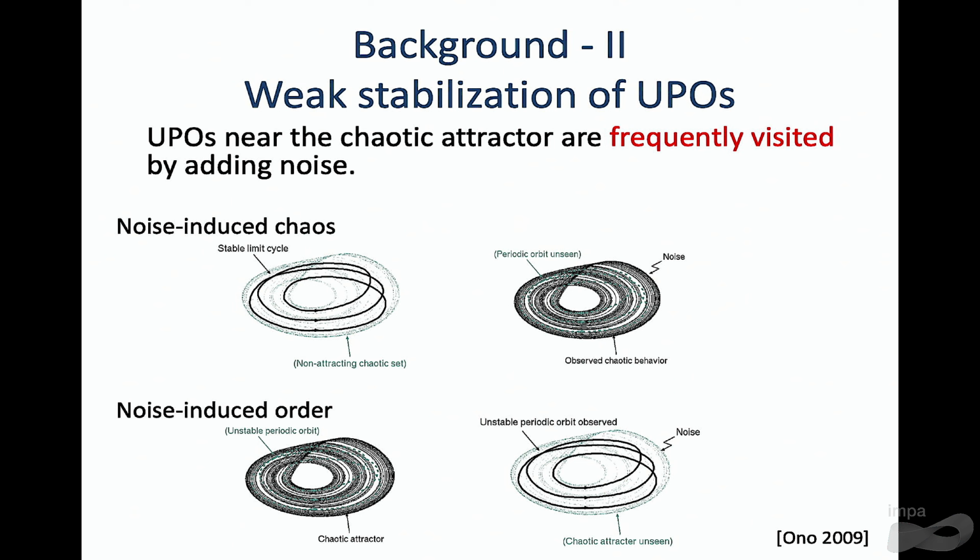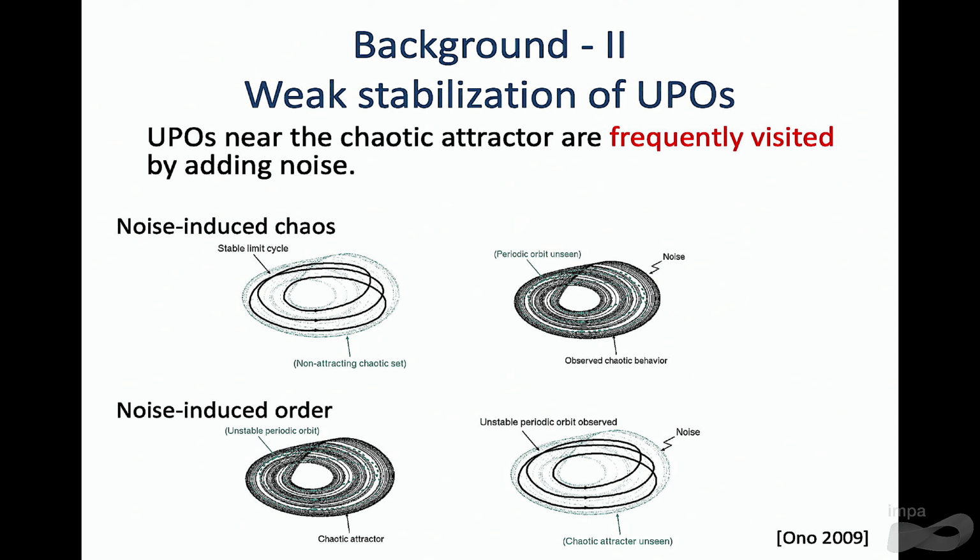So the second one is similar to noise-induced chaos scenario. So this chaotic attractor includes, or like unstable periodic orbit exists near the chaotic attractor. Adding noise, the frequency to visit such unstable periodic orbit increase. So in noise-induced chaos case, we have a limit cycle, but this unstable chaotic set on control set, and adding noise, the chaos observed.